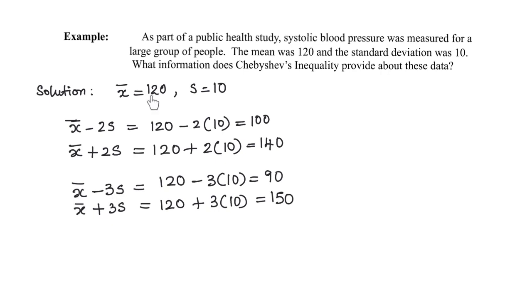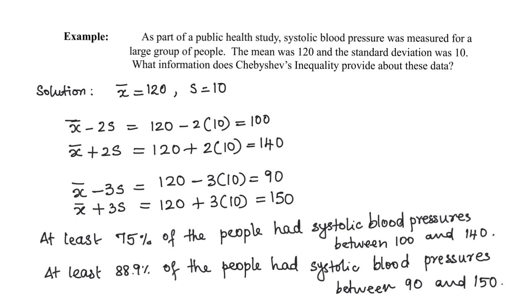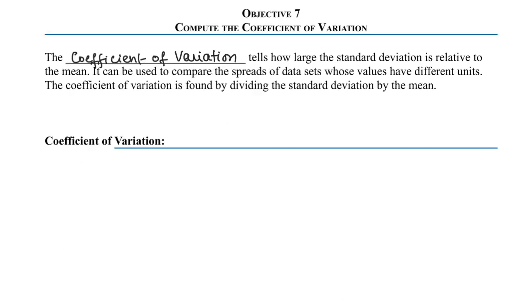So, I replace the mean and the standard deviation with these values and calculated. And we can conclude that at least 75% of the people had systolic blood pressure between 100 and 140. And at least 88.9% of the people had systolic blood pressure between 90 and 150.